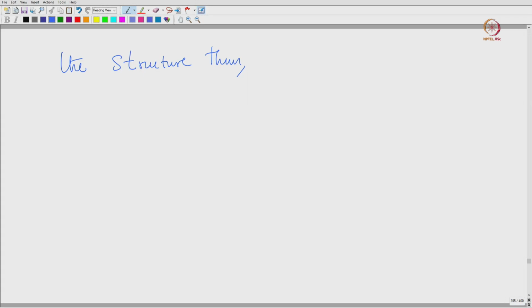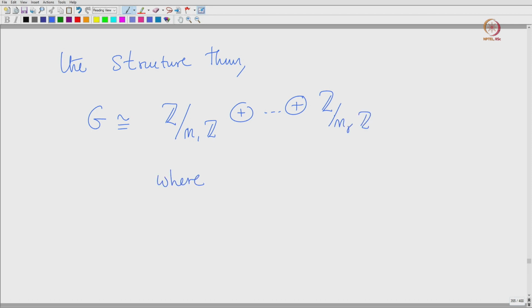In particular, we can write G as a direct sum of G modulo M1 G, etcetera, G modulo Mr G, where you can choose these Mi such that M1 divides M2 and so on, M r minus 1 divides Mr. This follows from the structure theorem.